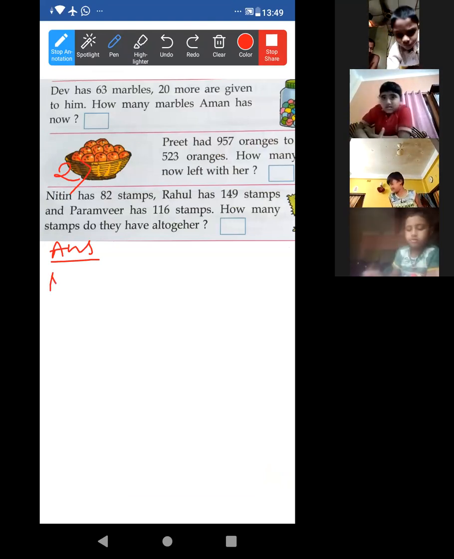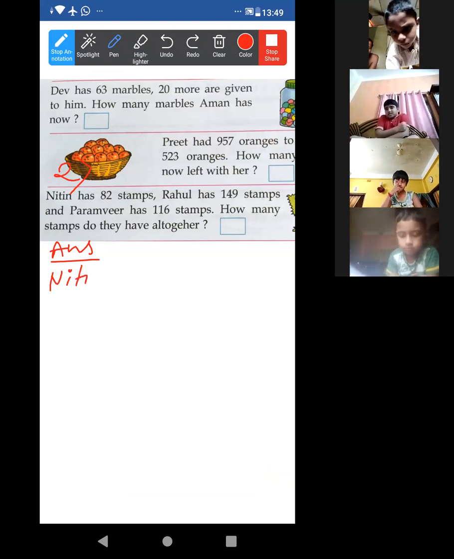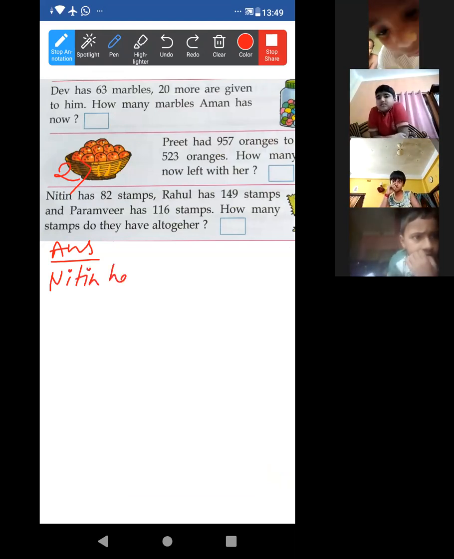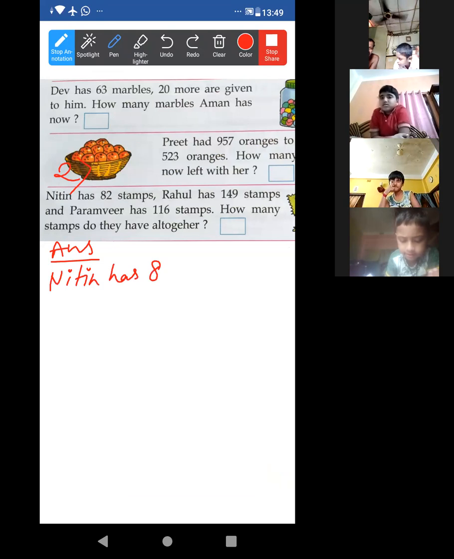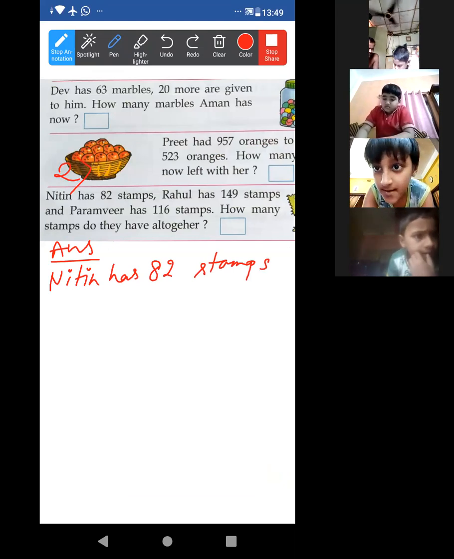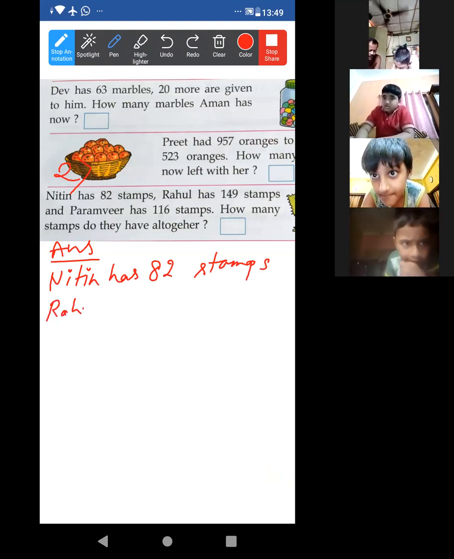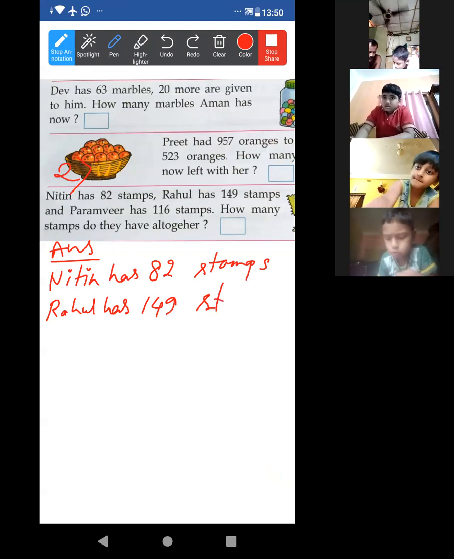Now just write Nitin has 82 stamps. Rahul has 149 stamps. Paramveer.